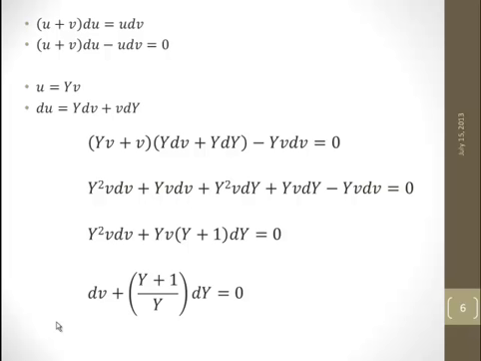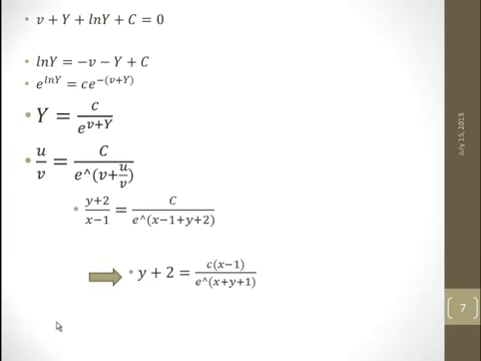So y squared v dv + yv(y + 1) dy. Since yv dv cancel in the equation, dividing by y squared v, we have dv + (y + 1)/y dy = 0.